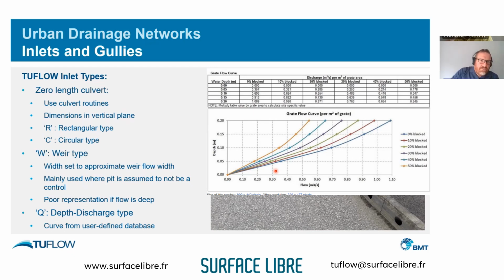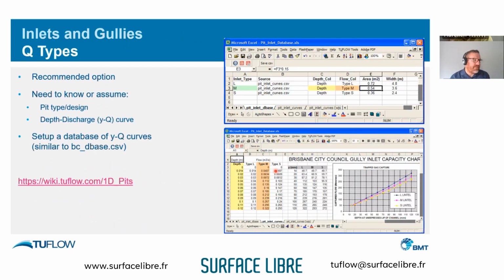Therefore, the approach that I think most people use is to use a Q-type, and this allows you to specify a depth discharge relationship. And that depth, like I've mentioned, comes from the 2D domain, and then the discharge is calculated from that depth and applied to the 1D domain. With this, you need to know a bit or make some assumptions about pit types.